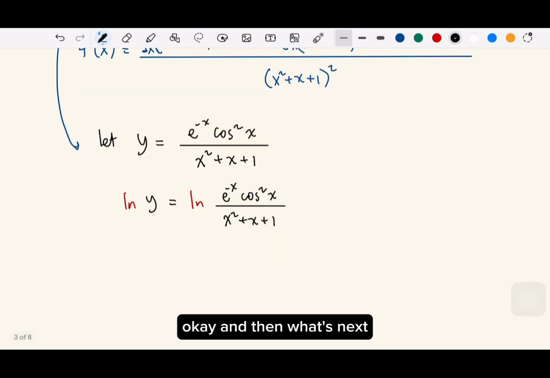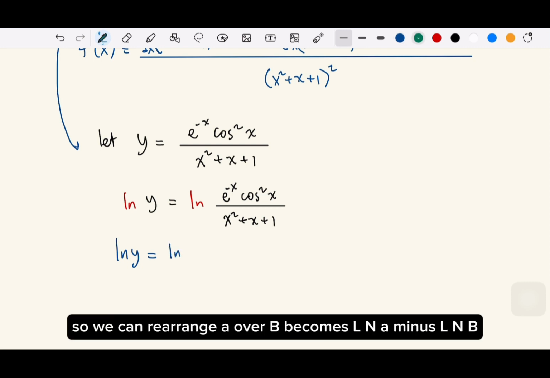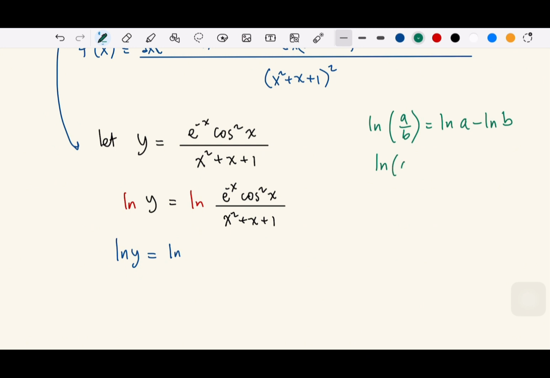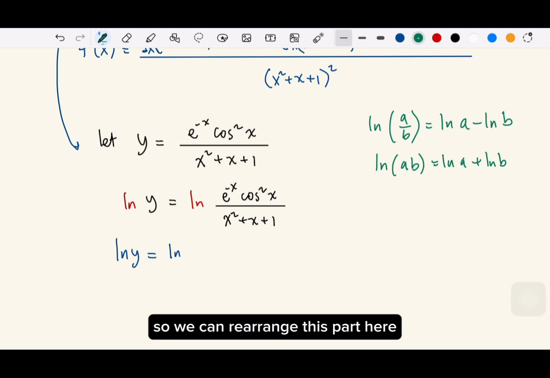And then what's next? Next, let me write ln(y), and then we can rearrange a over b becomes ln a minus ln b. And we can rearrange these two, these two properties of logarithms. So we can rearrange this part here.